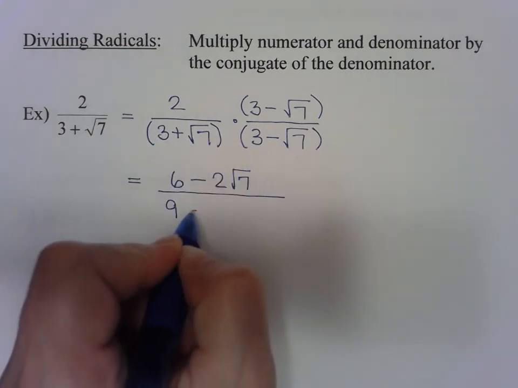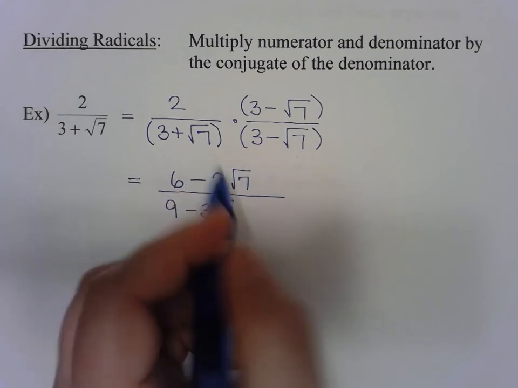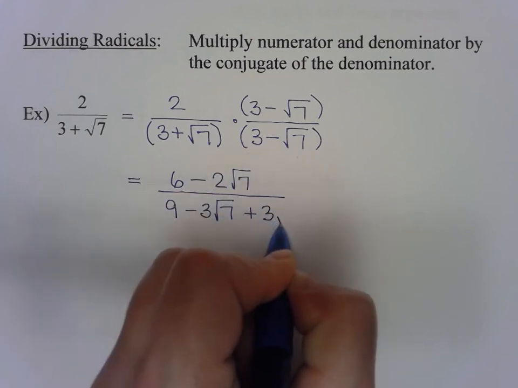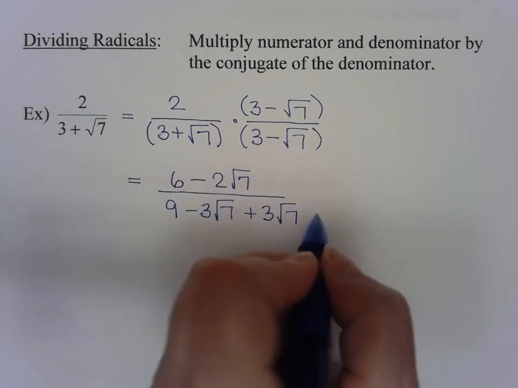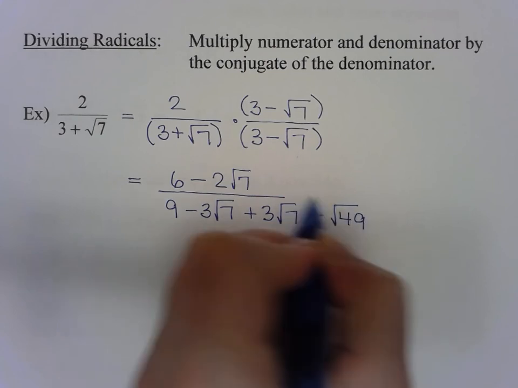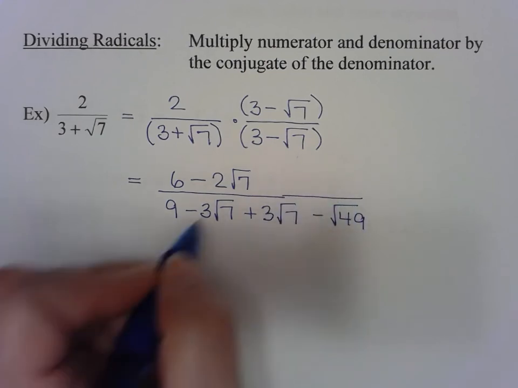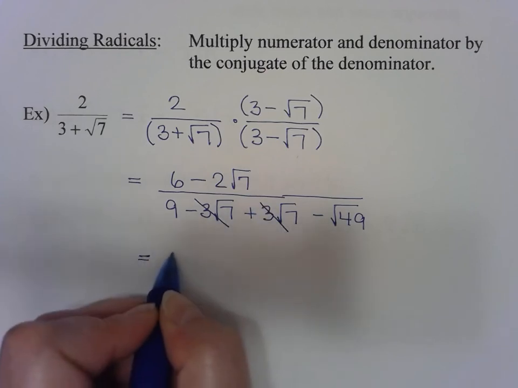Outside would be minus 3 square root of 7. Inside would be plus 3 square root of 7. And then the last times the last would be minus the square root of 49.